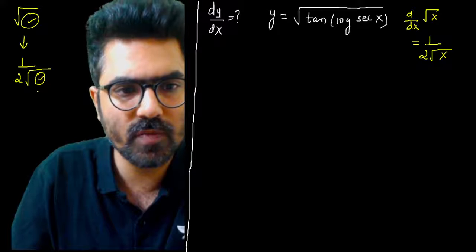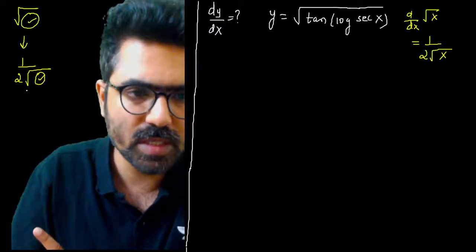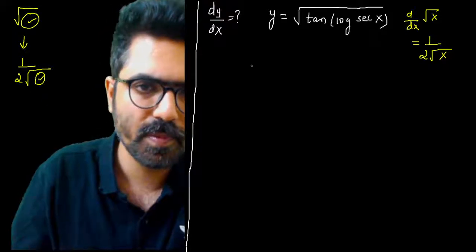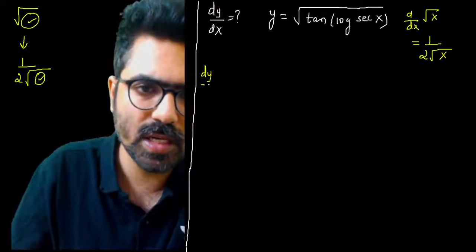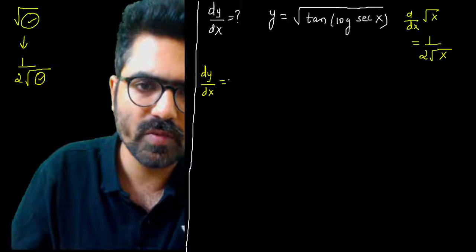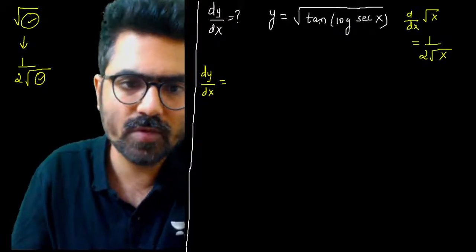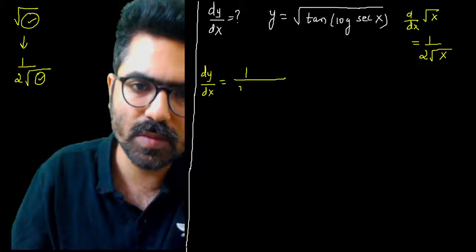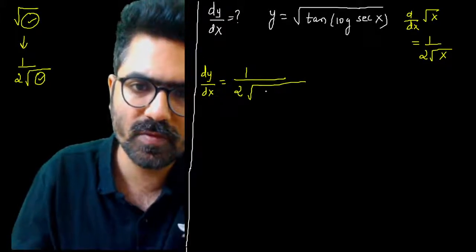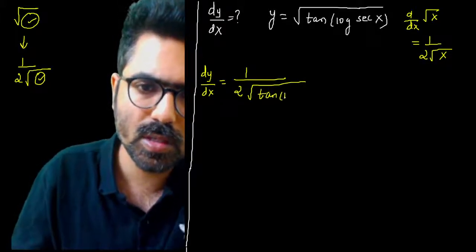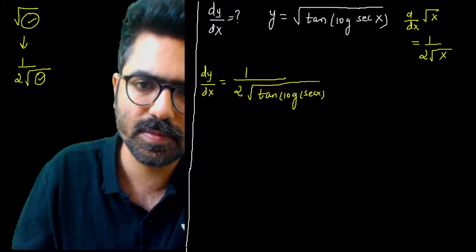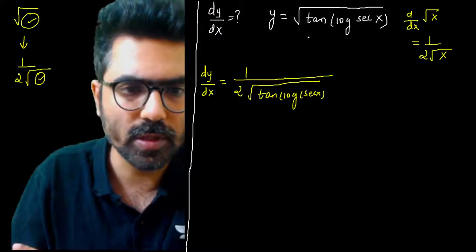So dy by dx: the first step is 1 upon 2 root of tan of log of sec x. Root का काम हो गया.